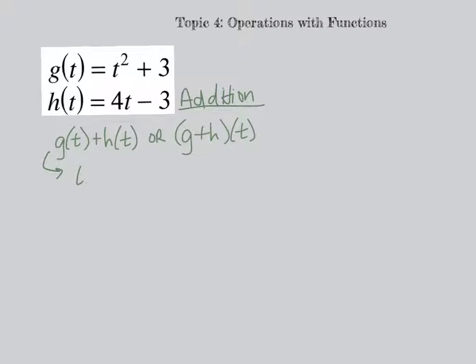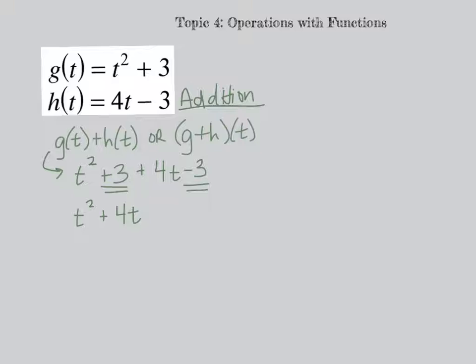So we're going to have t squared plus 3, which is g of t, plus 4t minus 3, which is h of t. And then any simplifying that comes with it, so we have some like terms here, they actually cancel out to 0. So our final answer is t squared plus 4t.